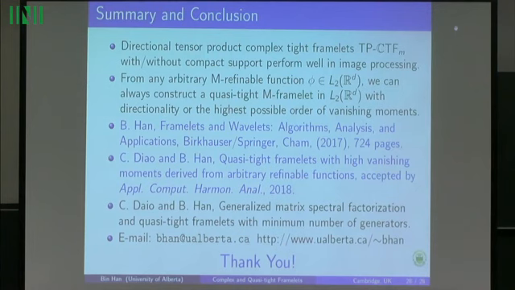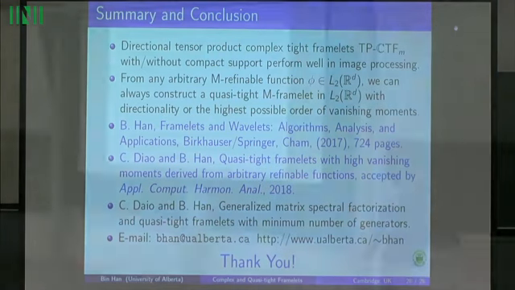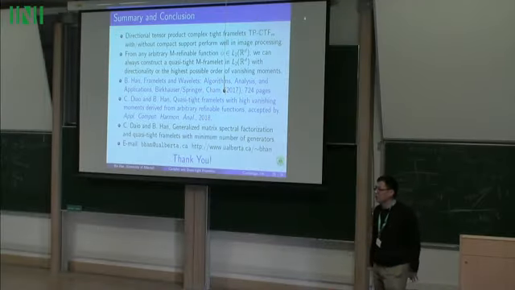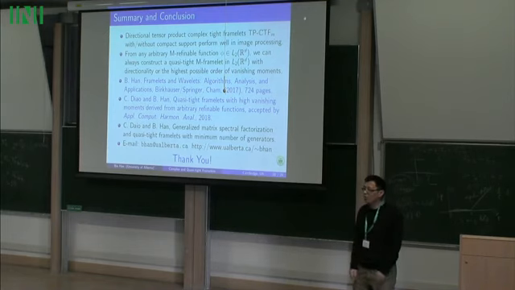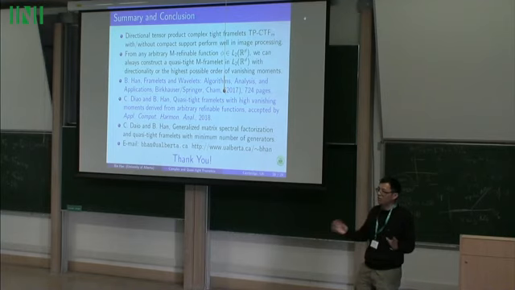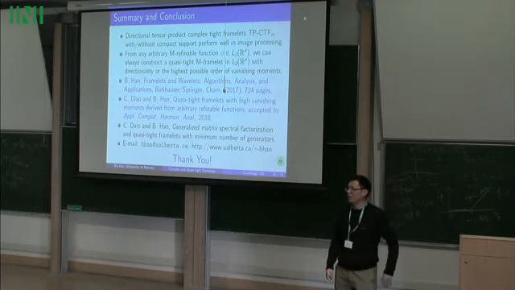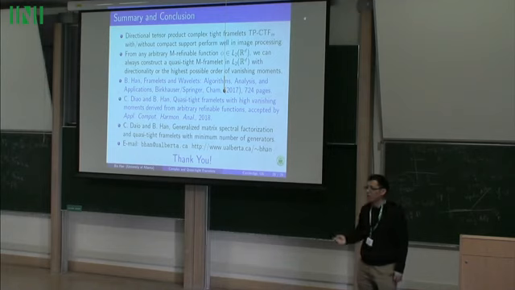Basically in my talk I presented two approaches. The first one uses complex tight framelets. Using tensor products, you can increase directionality in high dimensions, and it generally performs great. The second approach is quasi-tight framelets. Once you drop the framework of tight framelets by allowing a little bit of freedom using plus minus 1, the matrix factorization in higher dimensions is much more flexible.